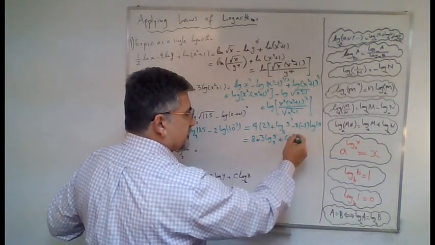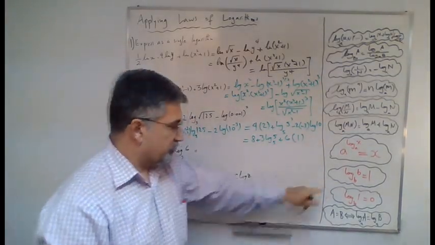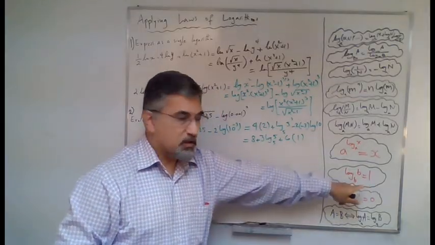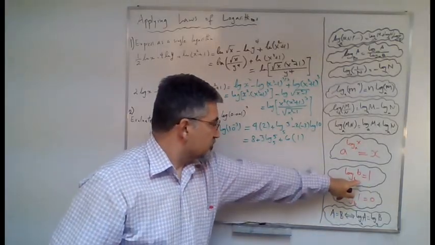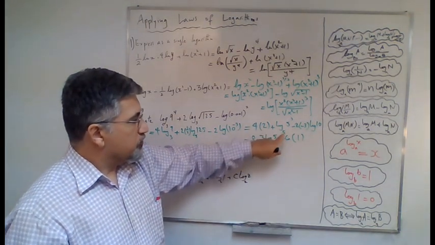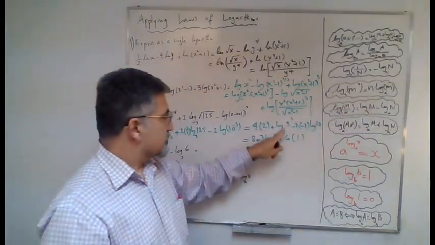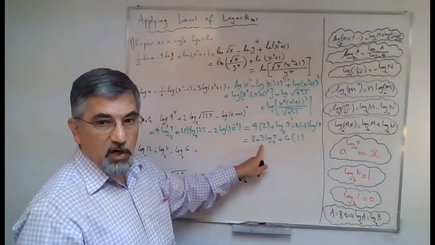And then log of 10 base 10 is equal to 1. According to this formula, log of b base b is equal to 1. So log of 10 base 10 is equal to 1. And log of 5 cubed, according to this law, the exponent becomes a coefficient. So 3 becomes a coefficient for the logarithm itself.